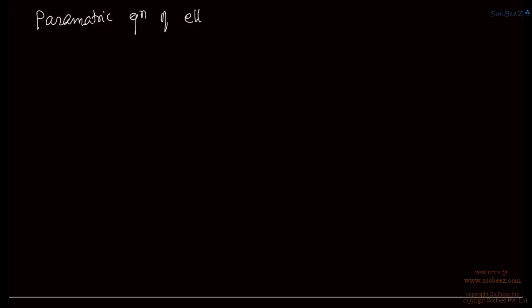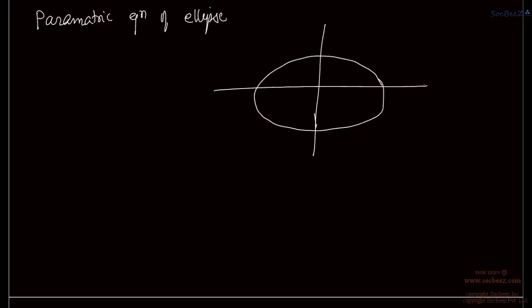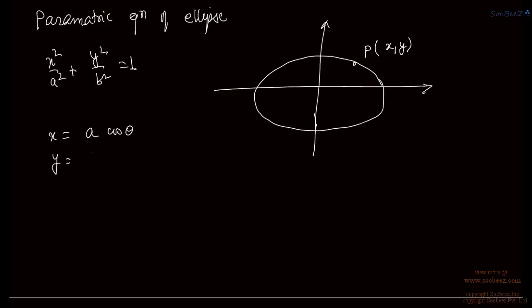Parametric equation of ellipse. So we have a standard ellipse: x² upon a² plus y² upon b² is equal to 1. So suppose say this is a point P(x, y). So in terms of a parameter, if you want to write the equation of ellipse, we write x as a cos theta, y as b sin theta.